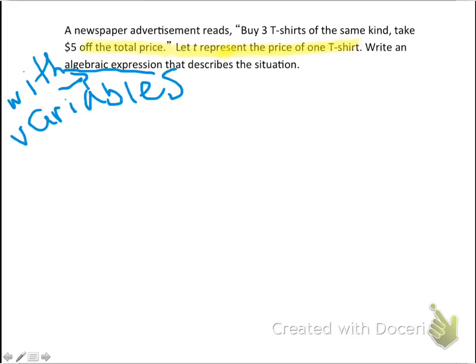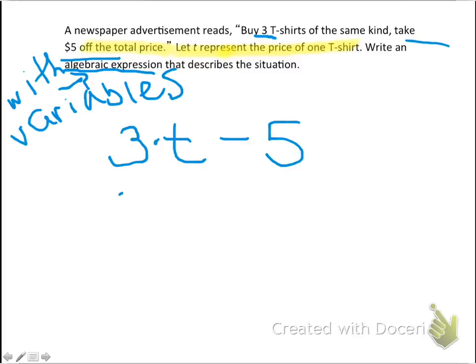If we buy 3 of them, we have 3 times T, and then we take $5 off the total price. So it would be 3 t-shirts minus 5.